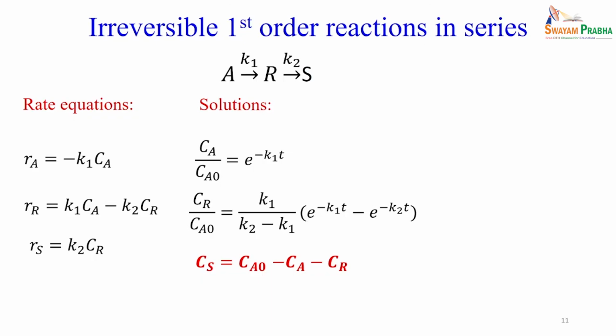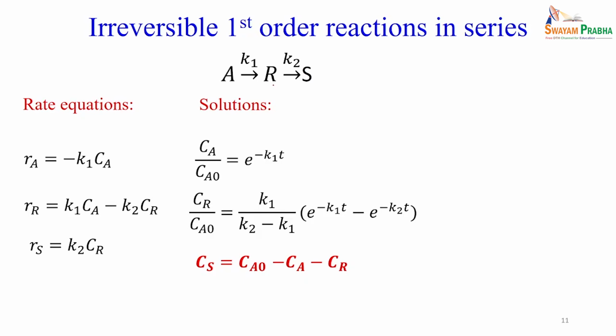First is A in first step converting to R, and second step it is converting to S. Here we are assuming that in the first step rate of desorption is very slow, or we are just ignoring the rate of desorption, only the rate of attachment is taking. So, we are taking both as irreversible and first order.